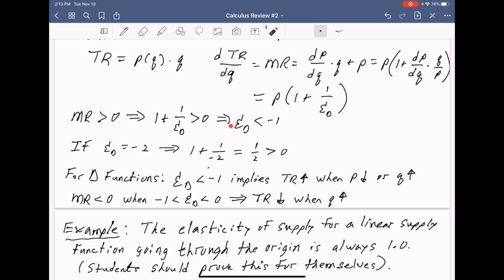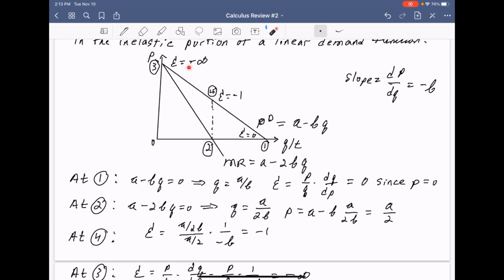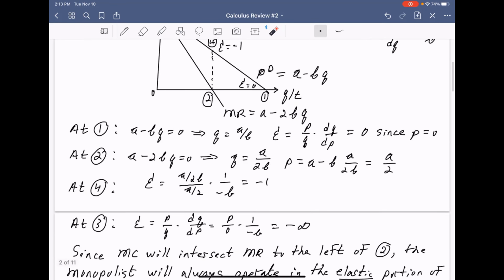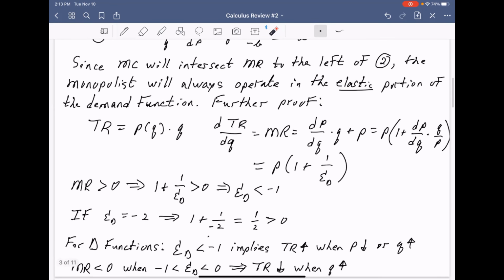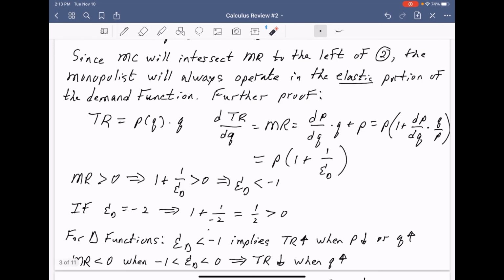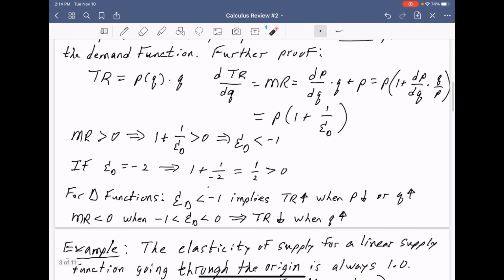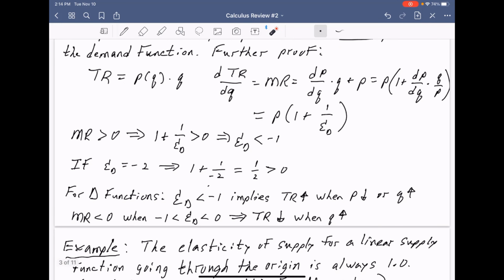Well, it's less than -1 from this point 4 down to this point 3, where it's negative infinity, and any number like a -2 or something will be less than -1. So let's pick -2. So if the elasticity of demand is -2, we then get 1 plus 1 over -2 equals 1/2, which is greater than 0. So the marginal revenue will be greater than 0.